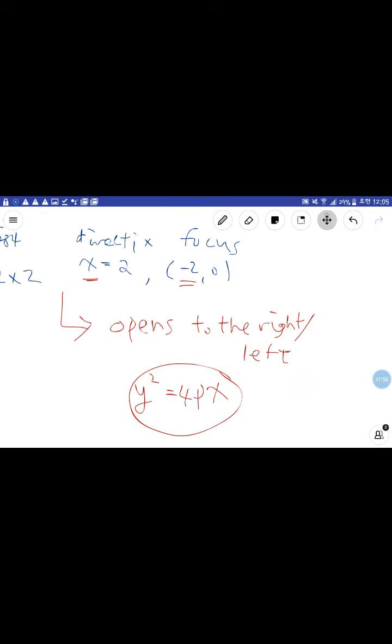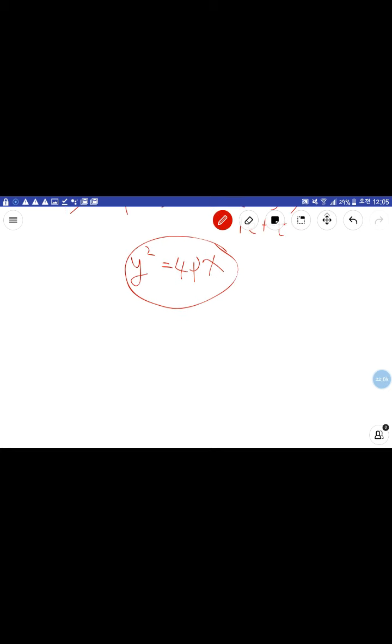Now let's go back. What's my p? This focus itself gives p already, right? So my p would be negative 2. I can write down my answer: y squared equals 4 times negative 2 times x, which is y squared equals negative 8x. So that's it, simply.